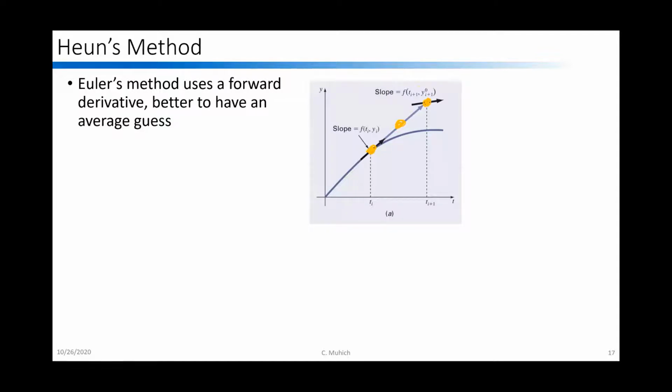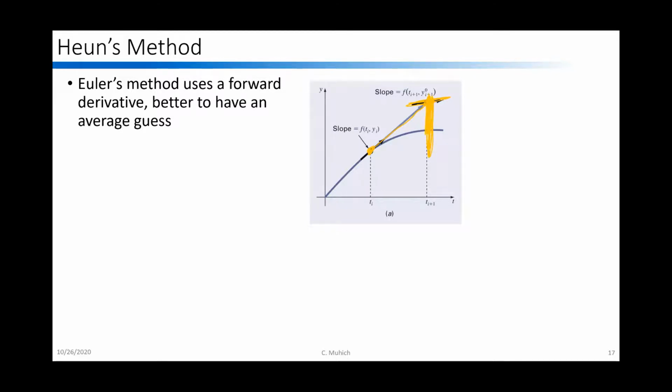However, the issue is we don't know what that next step is. What Heun suggested is, let's take the slope at the point that I know, and estimate out using Euler's method what this next y value would be.